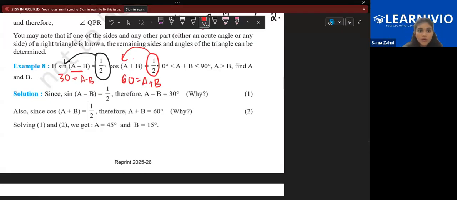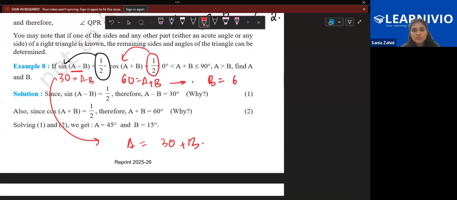So now what do you do? A is 30 plus b. So you apply this. B becomes how much now? 2b is 60 minus 30, so b is 30 by 2.